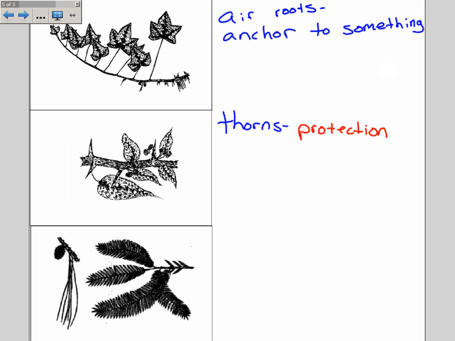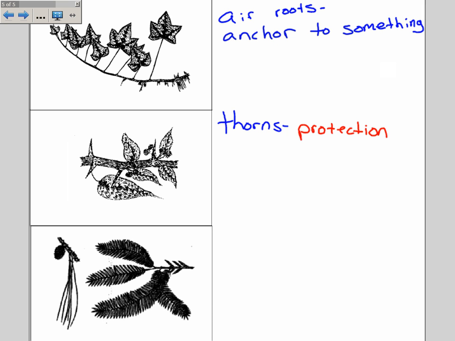All right. And our last one. Some plants have needle-shaped leaves to conserve water. The leaves can be seen in groups of 2 or 3 or appear to be like scales. So conifers have needle-shaped leaves. Think about a pine tree. Okay? It's got needle-shaped leaves.